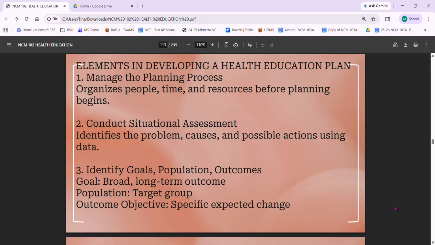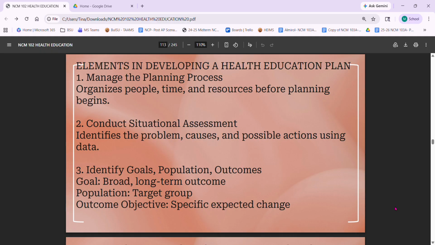Third is you identify goals, population, and outcome. Tandaan, when you say goal, these are broad, long-term outcomes. Pag population, targeted yung group, so sino yung target group ninyo, and outcome, objective, yung specific expected change na gusto ninyong mangyari. So, let's say, dun sa na-mention natin na maraming cases ng hypertension, yung goal nyo is to improve BP control.